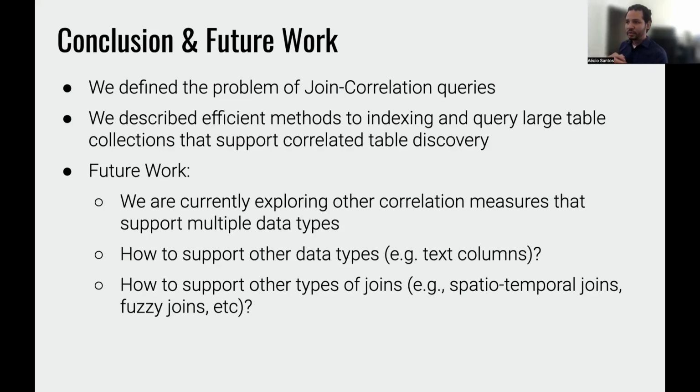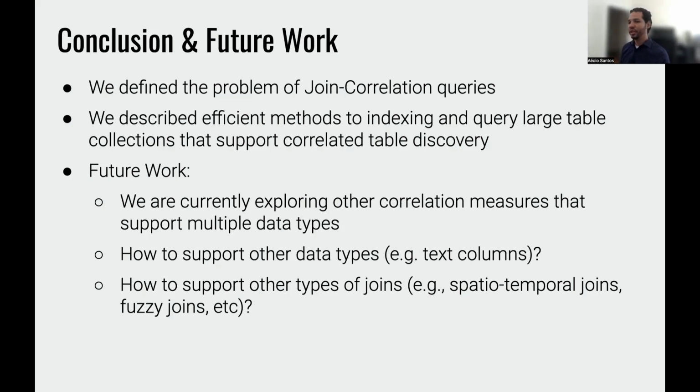And there are also multiple extensions. For example, if the columns are text data, what does it even mean to compute correlation? Maybe we need to apply some embedding approach to convert the text variables to numbers and then compute correlation. Or maybe there is some other approach that makes more sense, right? And there are also other types of joins. For example, we are considering only equijoins.